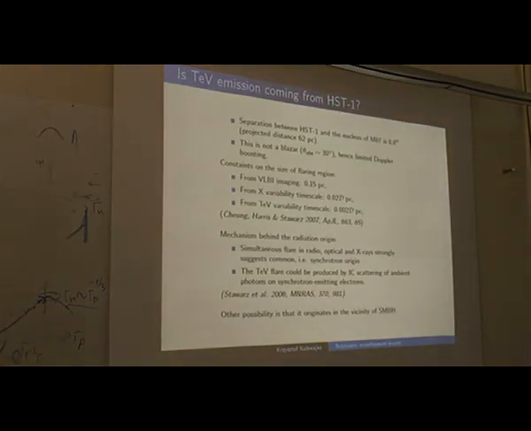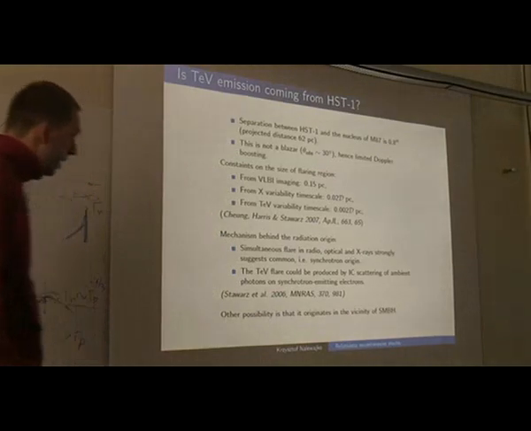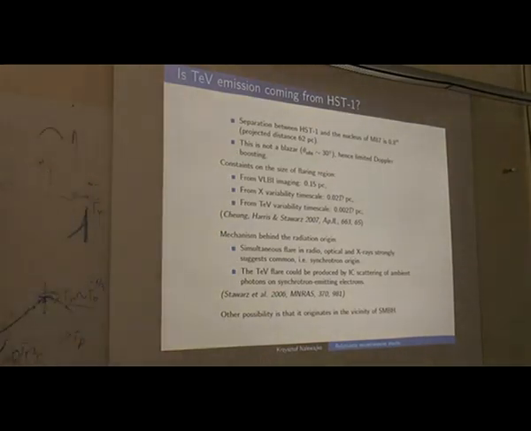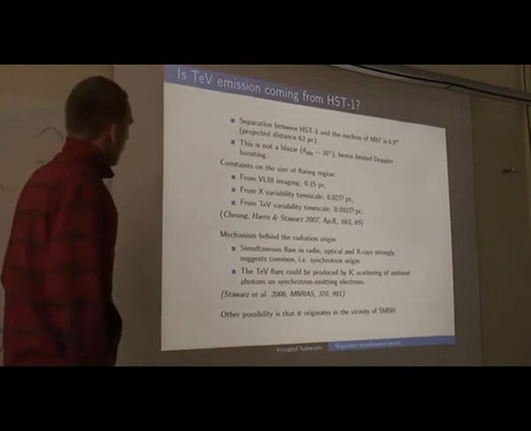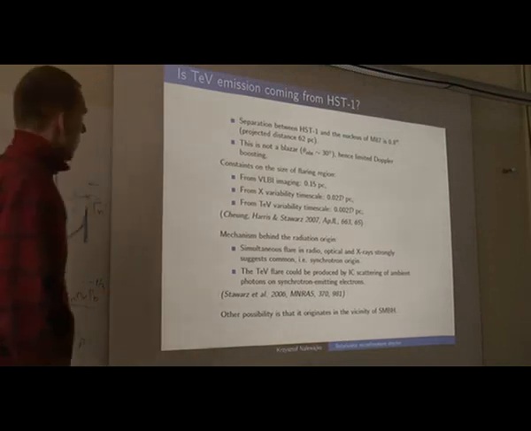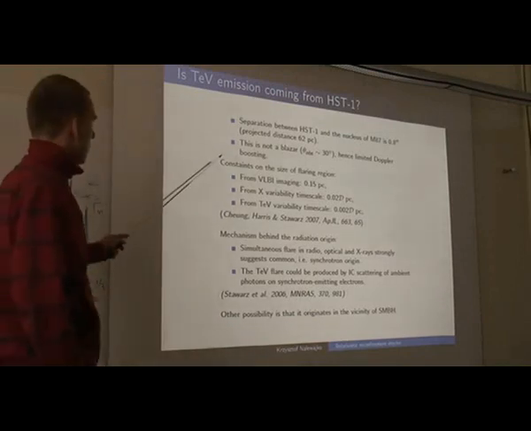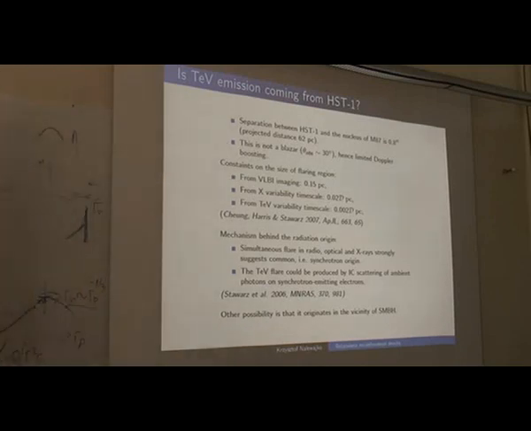Okay, so there was a debate about the origin of the TeV emission and also about the nature of the flares in all these bands. So there are some points that can be made. First, this M87 galaxy is not a blazar.